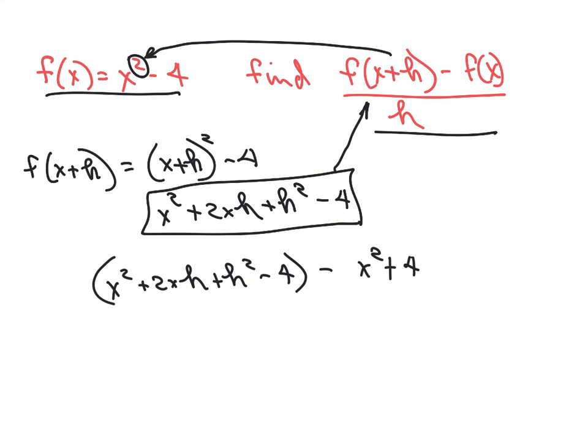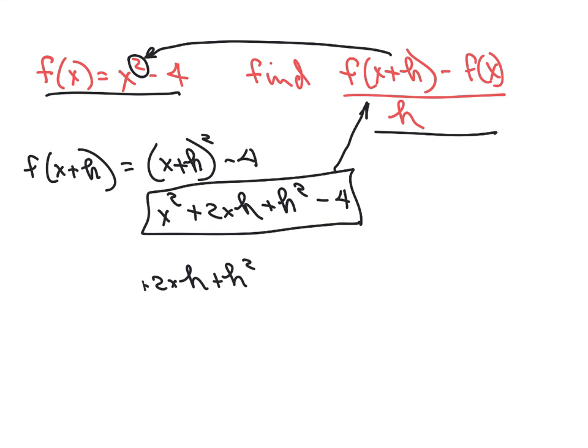Okay, so then I can also take these parentheses off, and I can start combining. So x squared minus x squared, so those go away. In fact, I can use my handy dandy eraser to make those go away. And let's see what else. I have a -4 and a +4, so those can go away.